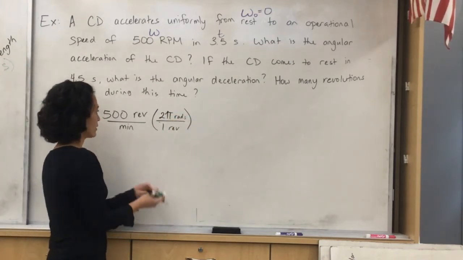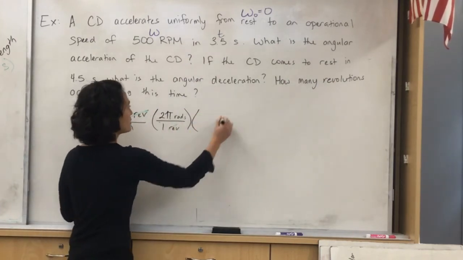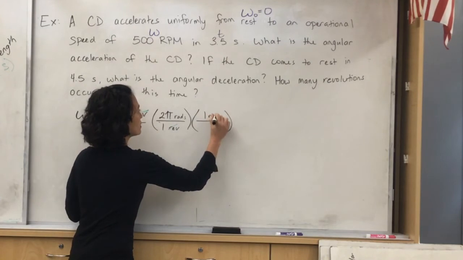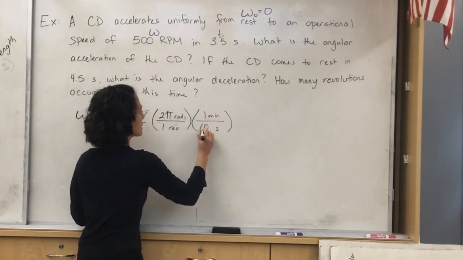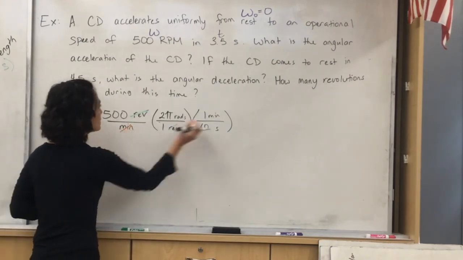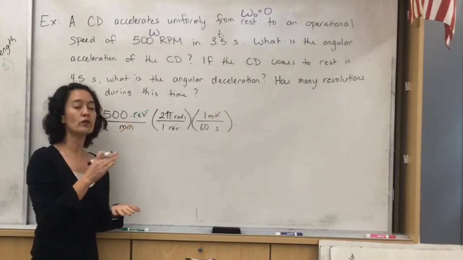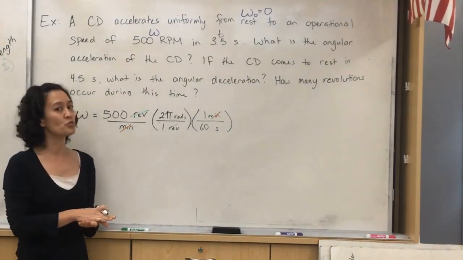And that will get rid of my revolutions. And I know in terms of minutes, 1 minute is 60 seconds. So that will get rid of my minutes. And then it would get me into rads per second. So first step is just converting. Anytime you have an RPM value, converting that to a rads per second value.